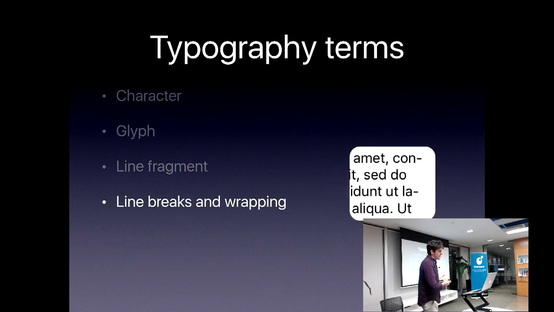Now, line break is... I didn't prepare the presenter notes for that. Line break is either a hard line break, which is a carriage return, a line feed character inside your text, or also even a paragraph break character.